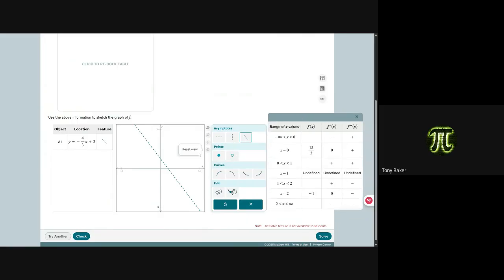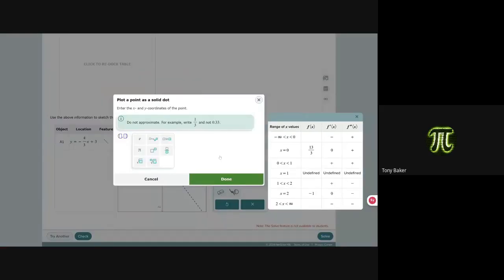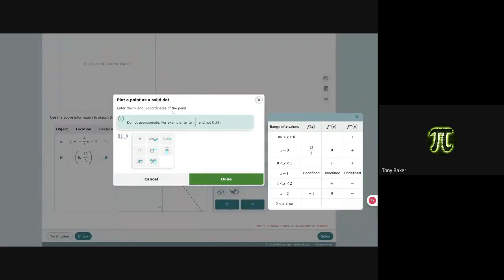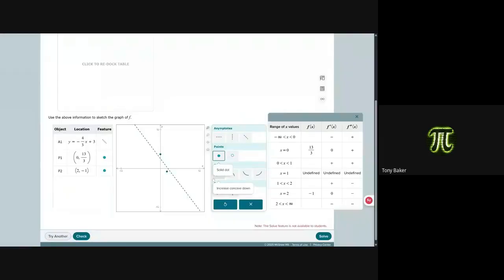All right, let's graph our points. 0, 13/3. To a -1. All right.